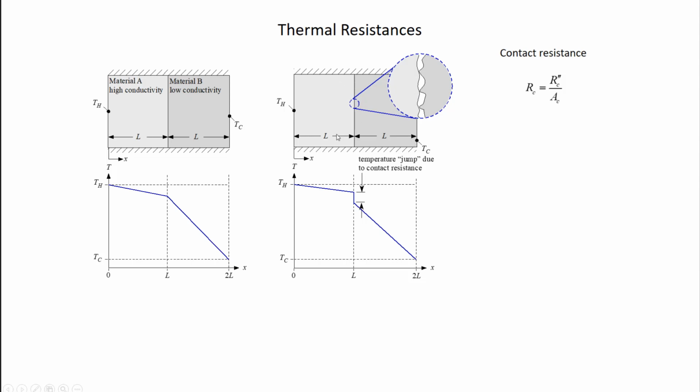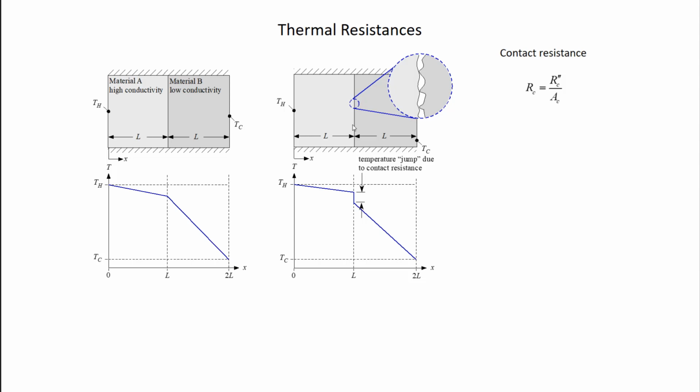There's another reason to have contact resistance, and that comes back to what we talked about last time, which is that in material A, you'll have some energy carriers. In material B, you'll have some different energy carriers. There is a penalty associated with getting the energy out of one set of energy carriers and into the other set of energy carriers, right?